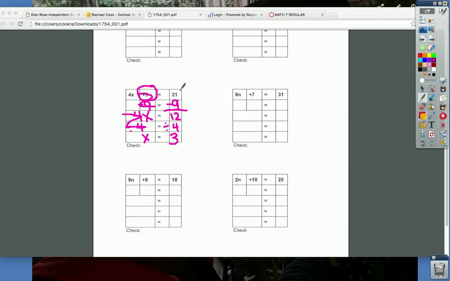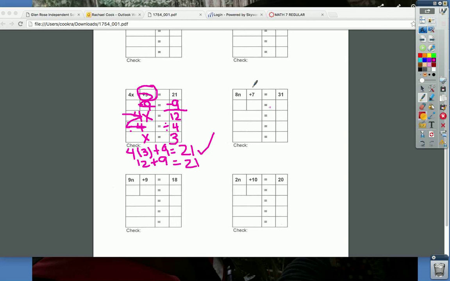And I'm going to plug it back into my original equation. 4 times x, x is 3, plus 9 equals 21. And 4 times 3 is 12. And 12 plus 9 equals 21.